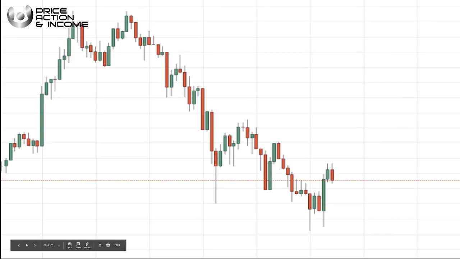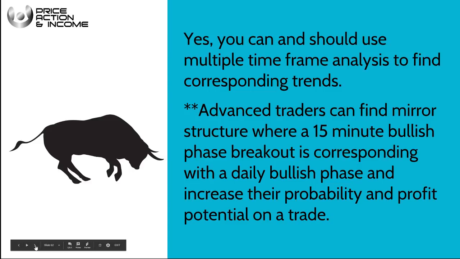And if you take a look at this chart here, you can see that it's been sellers primarily on the daily chart, right? This is a long-term downward price move. Yes, you should and could use multiple time frame analysis to find corresponding trends, but advanced traders can find mirror structure where a 15-minute bullish phase breakout is corresponding with a daily bullish phase and increase their probability and profit on a potential trade.